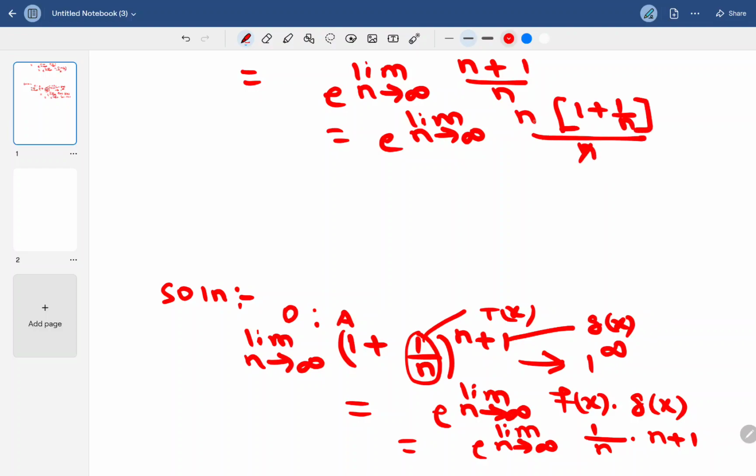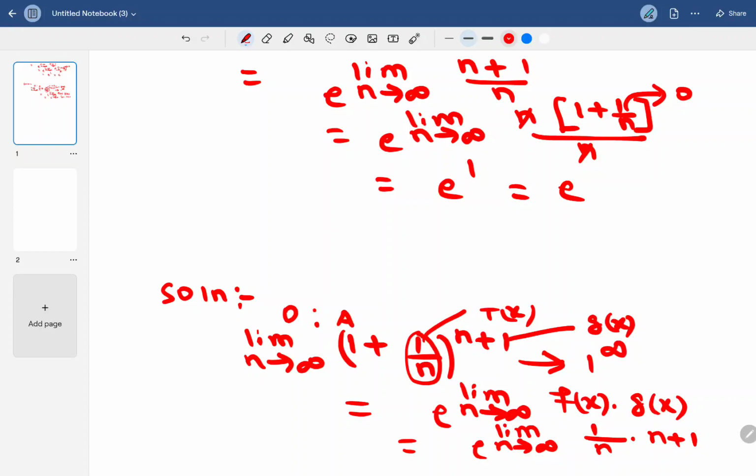Here 1 by n tends to 0, therefore e power 1. The answer is option 1, that is option A. We get the final answer: limit n tends to infinity of (1 plus 1 by n) power n plus 1 approaches e.